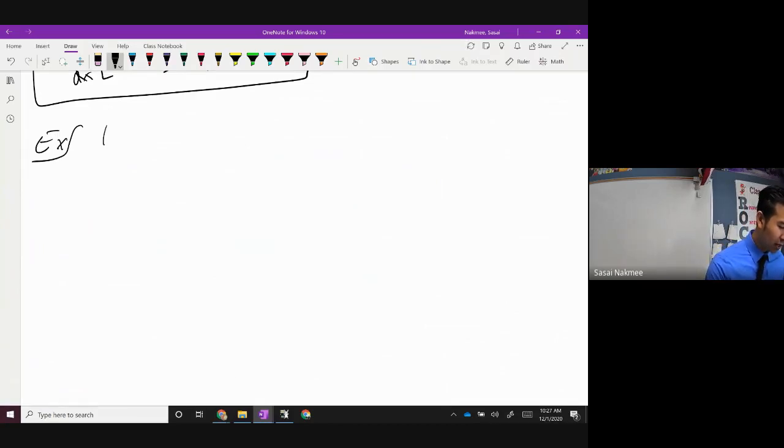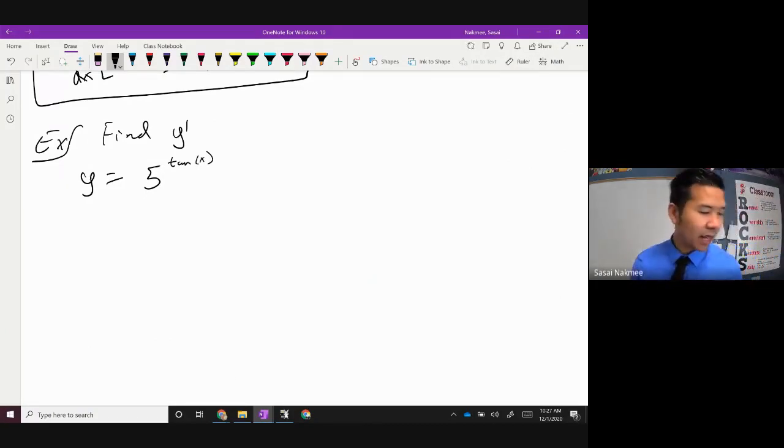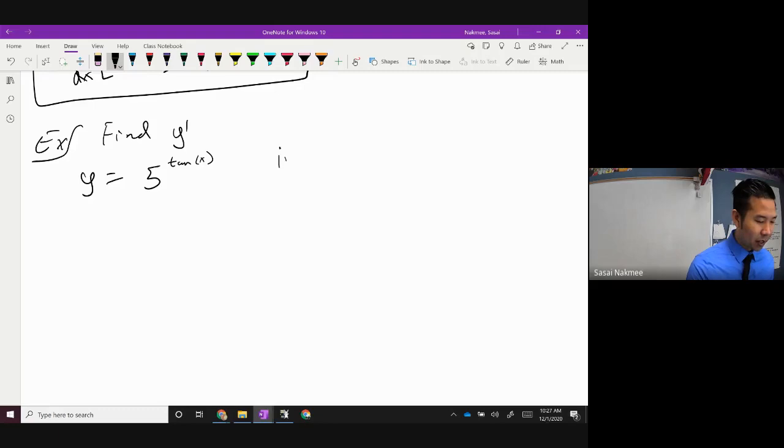So let's say I was asked to find y prime when y is equal to 5 to the tangent of x. Right? 5 to the tangent of x. So again, please note that this is a chain rule problem. The inside function is tangent of x.